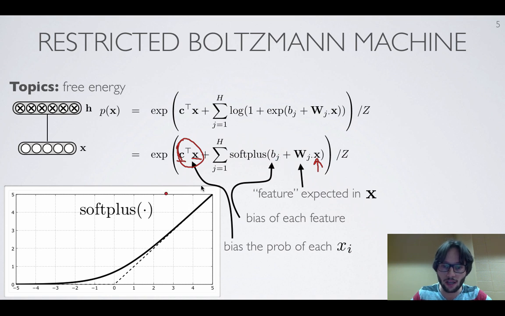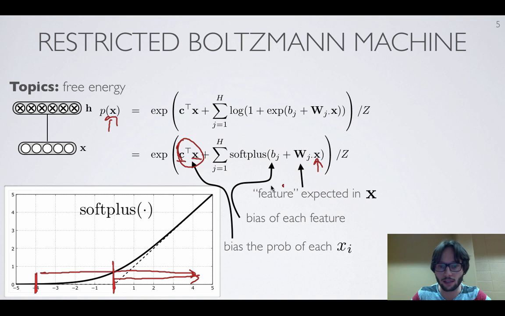For instance, imagine that bj is quite negative, like -4. Then once I've computed that, the soft plus is quite close to 0. So if I wanted the soft plus to be non-zero and actually increase the probability for the observation x, then I need to fight the contribution from the bias and be much greater than 0, compared to if the bias had been 0 and I had started computing my activation there.